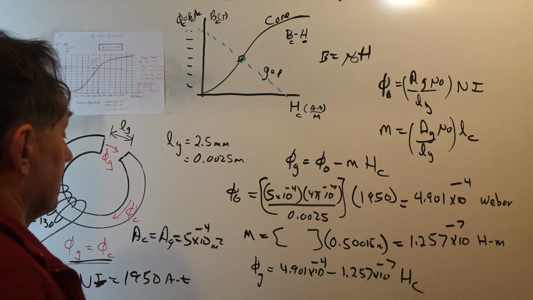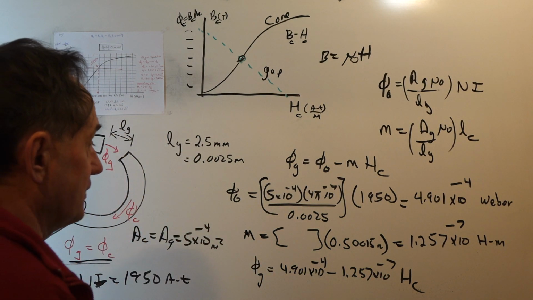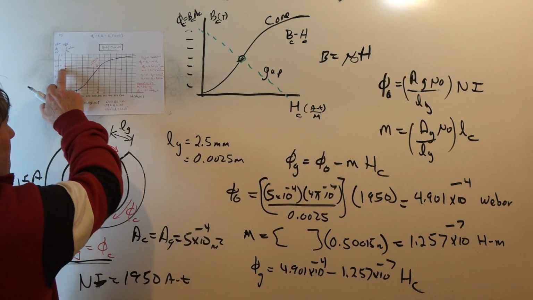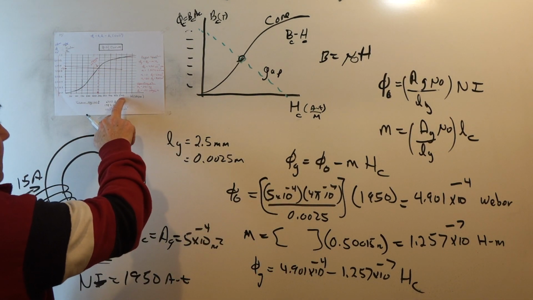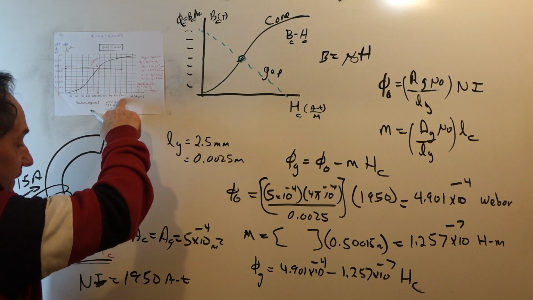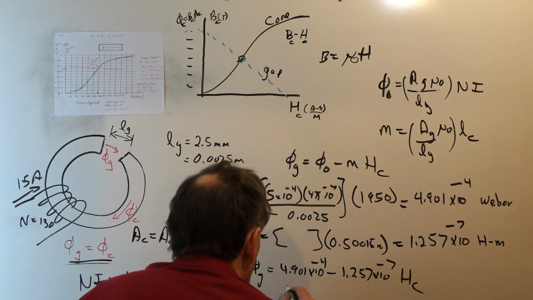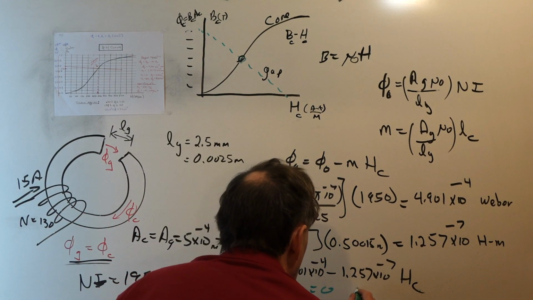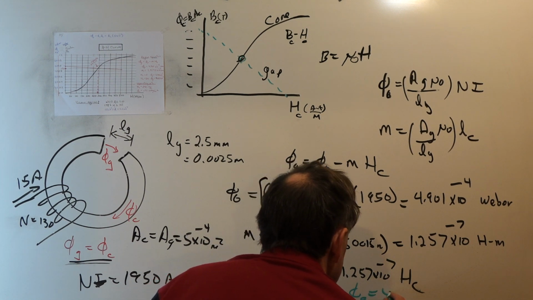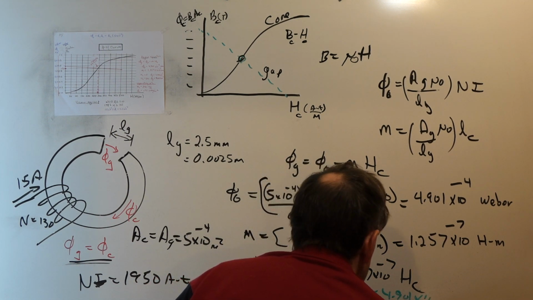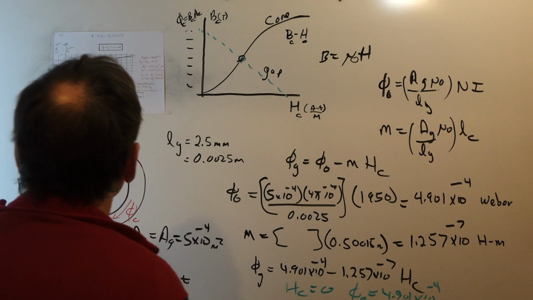Now, we can pick a value for HC. Let's go as far out as we can. Let's just pick an HC of 500. So, when HC is 0, our flux in the gap is 4.901 times 10 to the minus 4th.